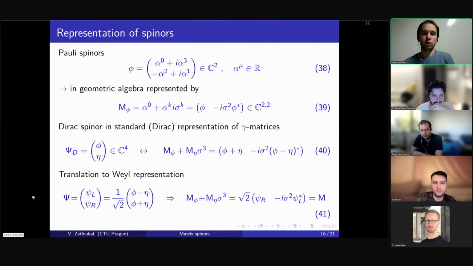So we are doing really nothing fancy. We are just using a matrix representation of the even subalgebra of the space-time geometric algebra.